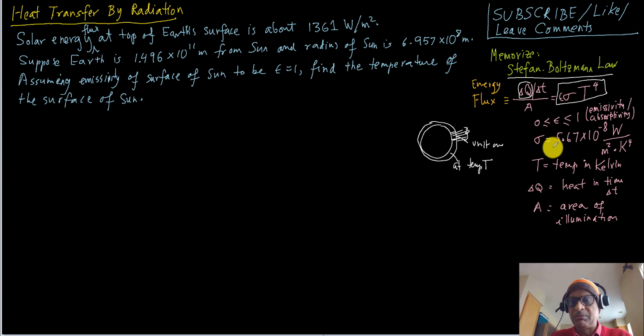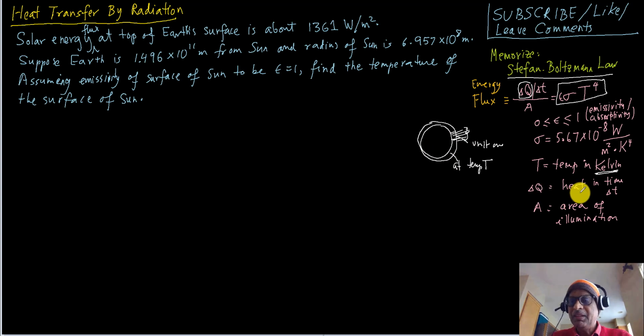It doesn't depend on what type of body you have, whether this is aluminum, copper, carbon, iron, whatever. Okay, so sigma is a universal constant, and T, the way this form is written, T is in Kelvin. So it's an absolute scale of temperature. So if the temperature is 0, then nothing will be coming out.